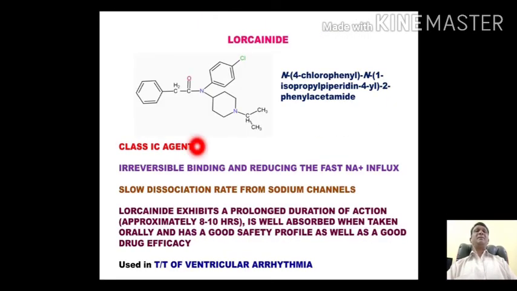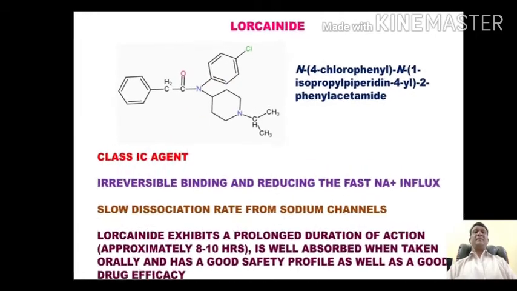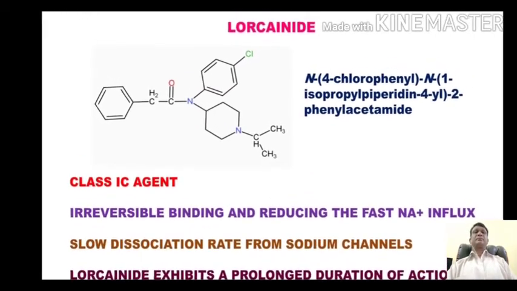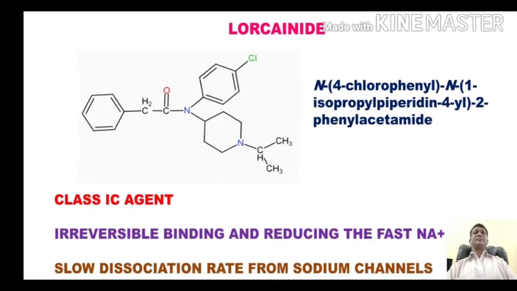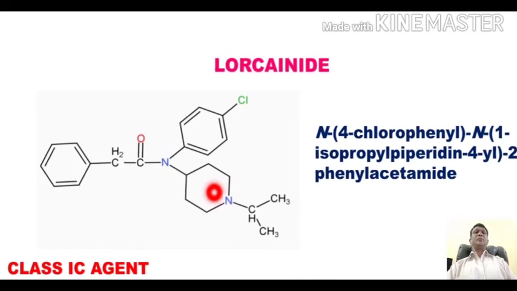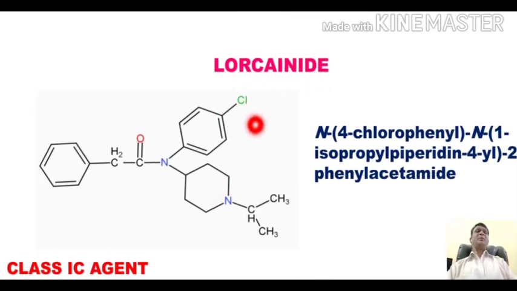The next drug is Lidocaine, which is a class 1C agent. If we look at the name Lidocaine, we can easily gauge the presence of chlorine from this 'lo'. This 'lo' is taken from chlor, and this 'nide' is taken from the amide nucleus, and the basic amide nucleus is phenyl acetamide.